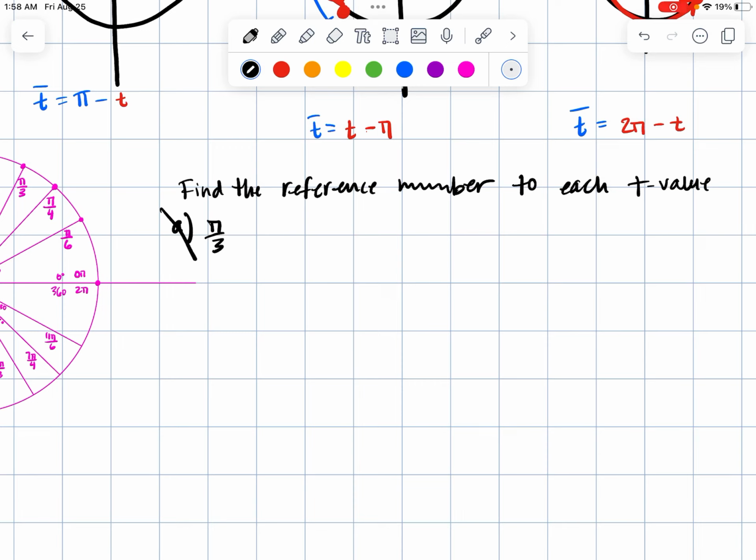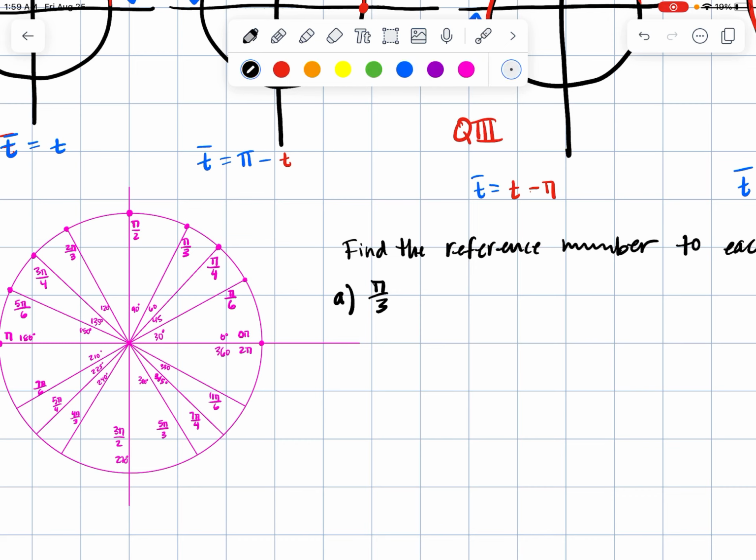To go back would be that exact same length, pi over 3. So remember, all of these values refer to how far we're traveling along the unit circle. In this particular case, we travel pi over 3 units. We would travel back pi over 3 units, and that would be our t bar, okay? So t bar is equal to pi over 3.